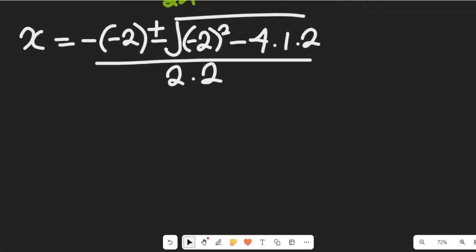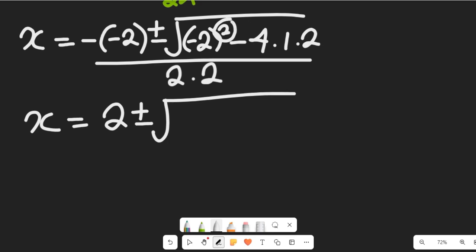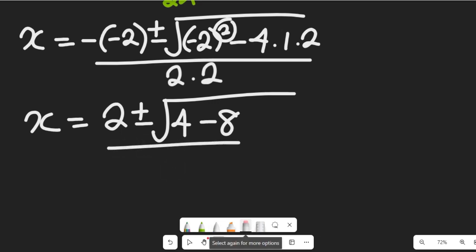So when we simplify that expression, we'll have our x to be equal to negative times negative is 2 plus or minus the square root of this negative square, because this is an even number, it will become what? Positive 4 minus 8, and this will be divided by 4, right? 2 times 2 is going to give us 4.